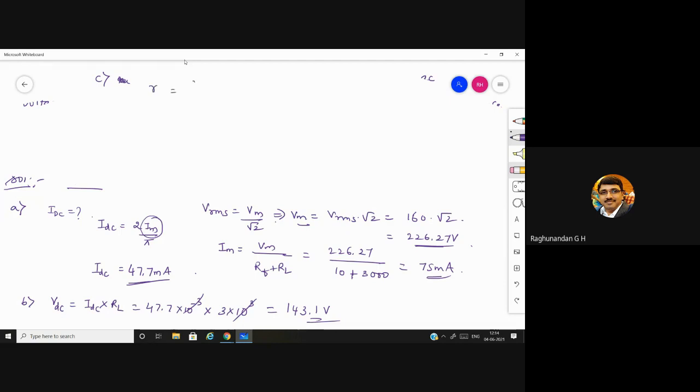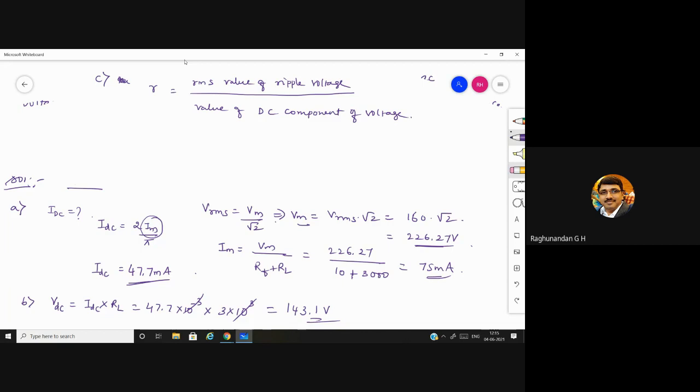R is equal to the RMS value of ripple voltage divided by the DC component of voltage. So it is just the RMS value of the output by the DC value of the output.